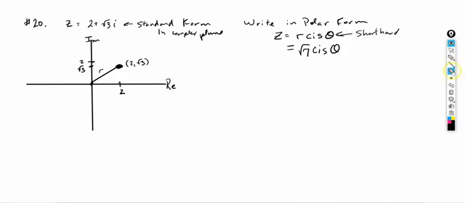Now, if I want to find out what theta is, well, theta is this angle here. Okay. So I need r and theta to put this into polar form. All right, so what I'm going to do is I'm going to now draw a right triangle that we make when we form this.